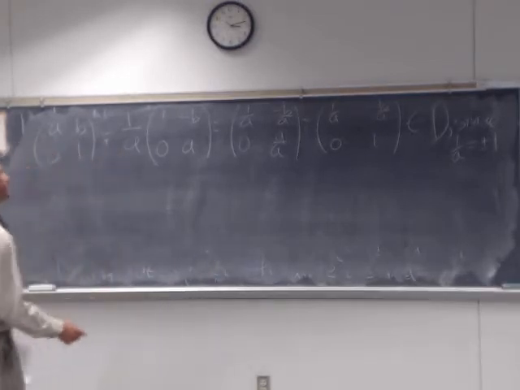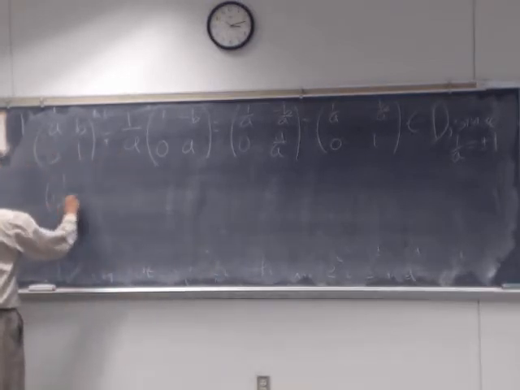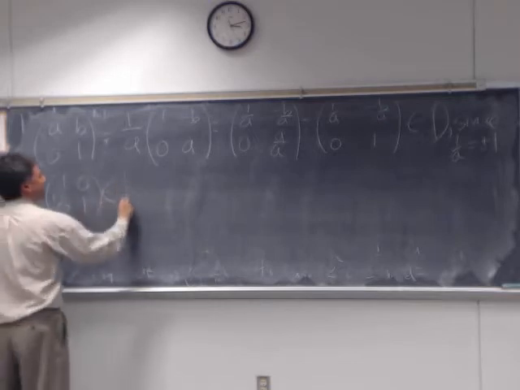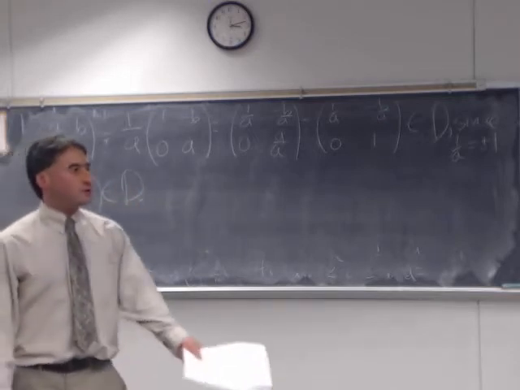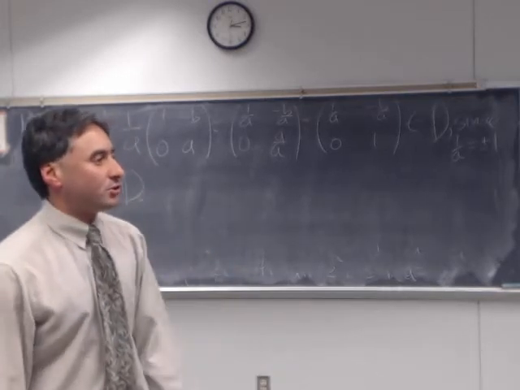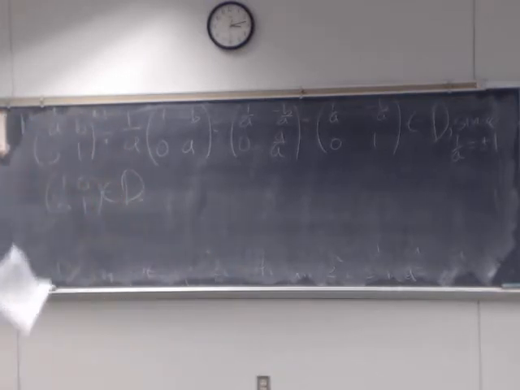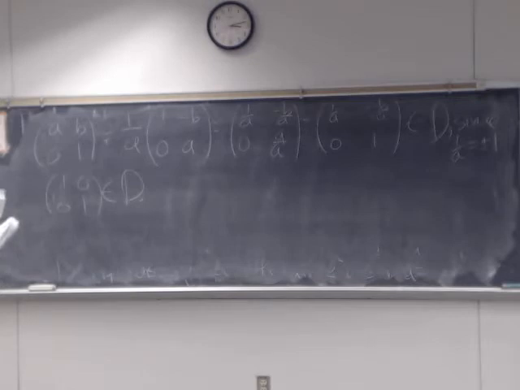We should show that the identity is in D, as we've seen in our notes on matrices. The identity matrix fits into D because 0 is an integer and the top entry could be plus or minus 1. So we do have that.